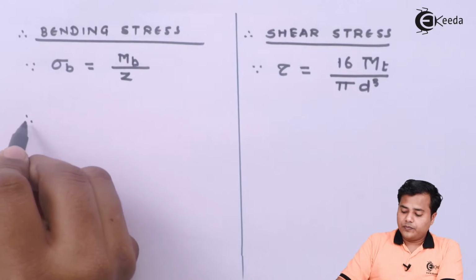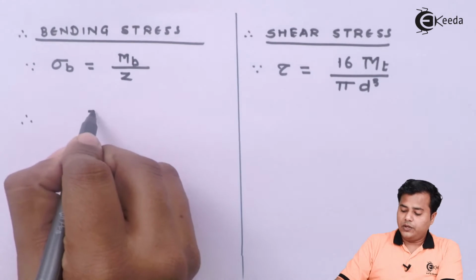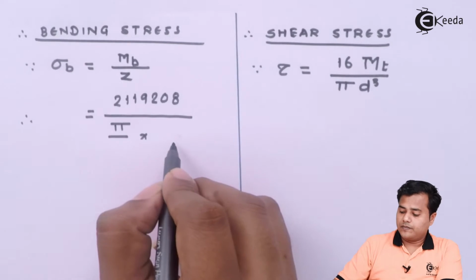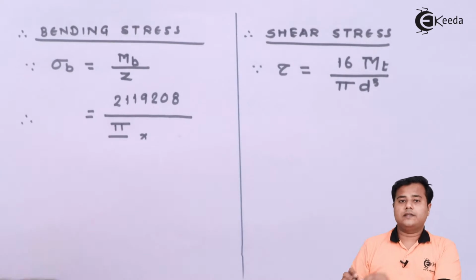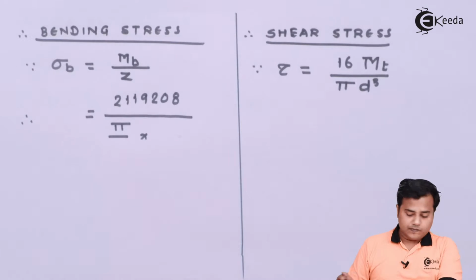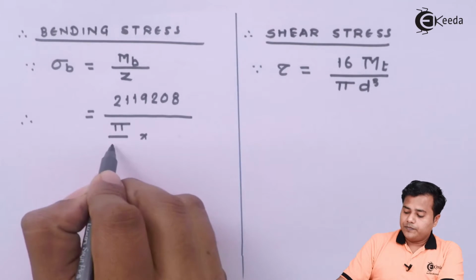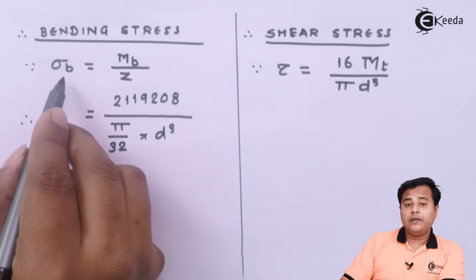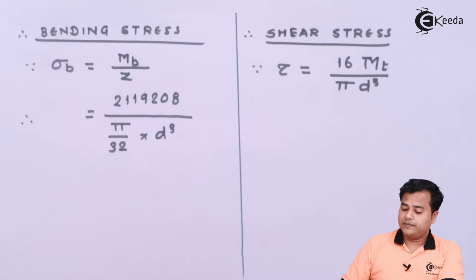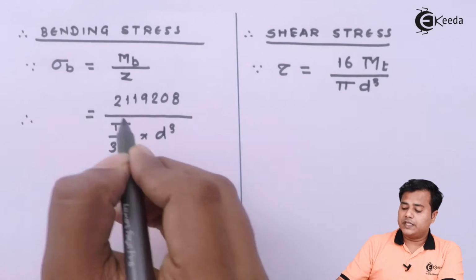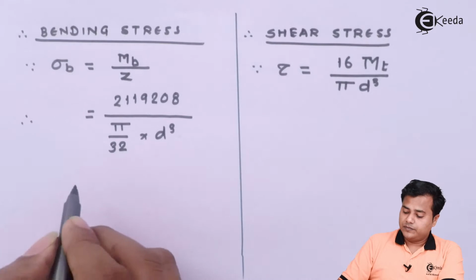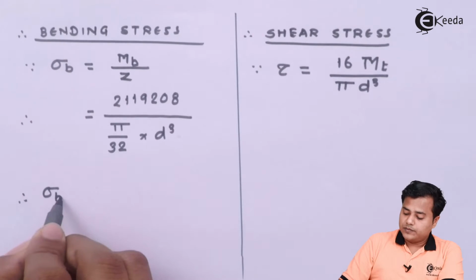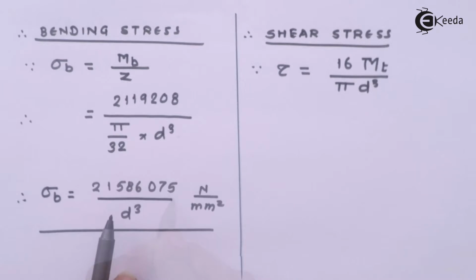So the value comes out to be Z, in our case comes out to be, whereas the value we have already considered for this is, or we'll keep this in terms of D only for the time being, and therefore sigma B value comes out to be this expression, a constant divided by D cube Newton per millimeter square, where D is the unknown value.